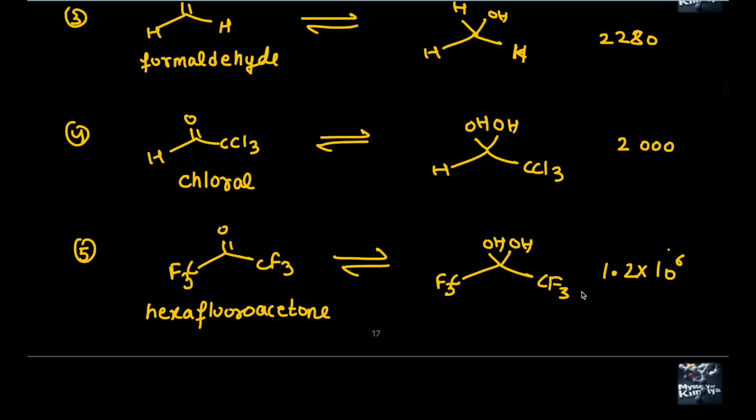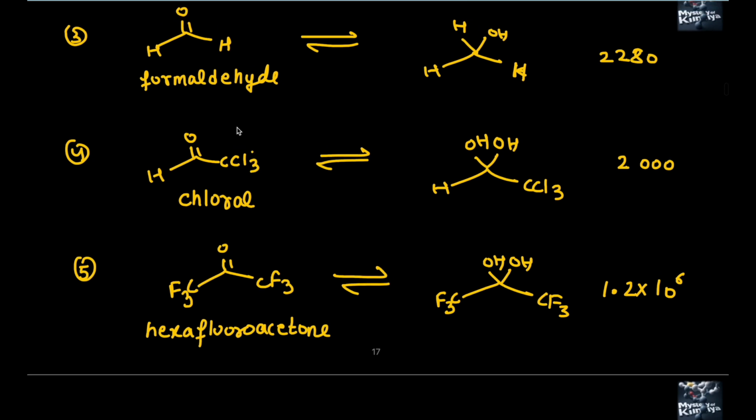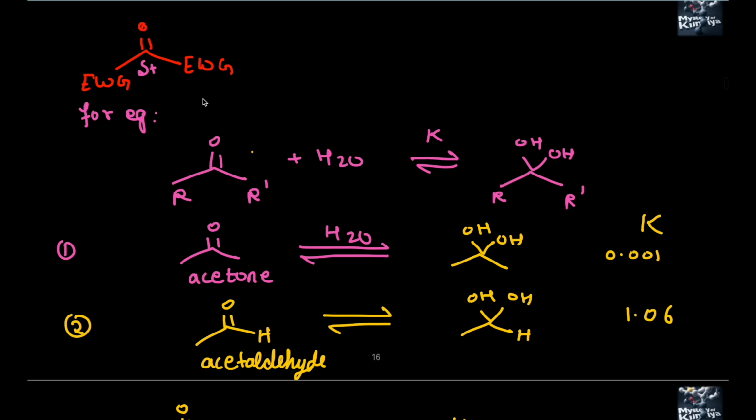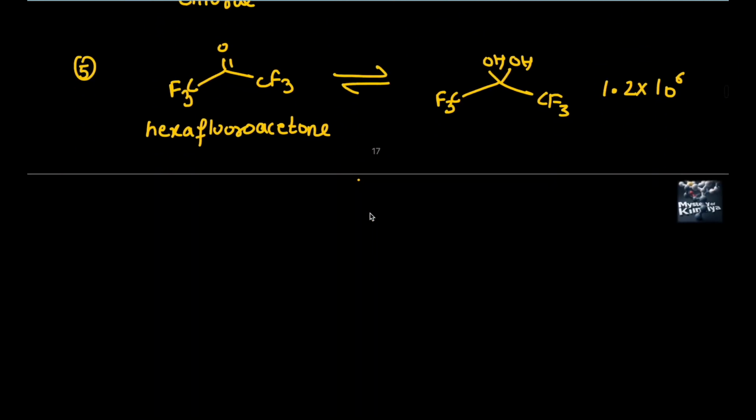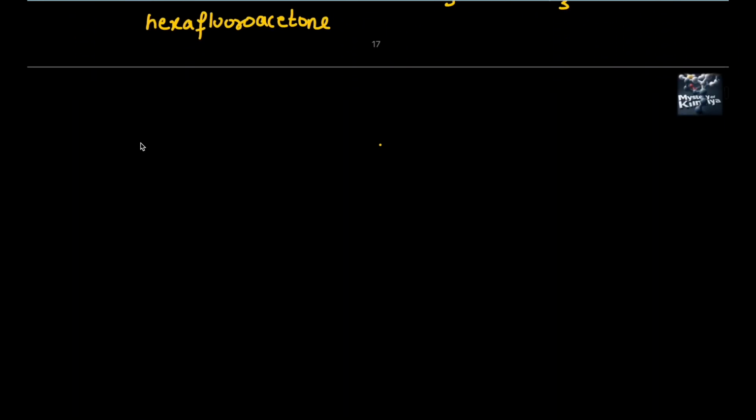So as a conclusion, if we increase the electron withdrawing groups here, the equilibrium constant value in general increases, which means the electrophilicity at this carbon increases, which helps us during this reaction. Similarly, we can see the same thing on addition of alcohols.